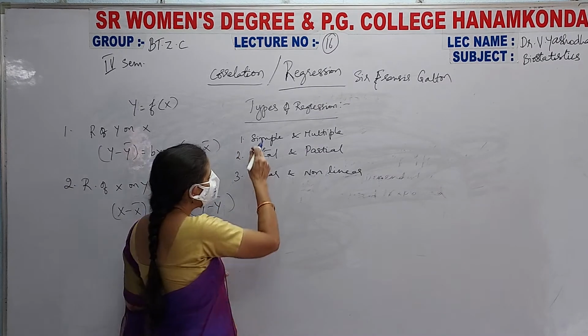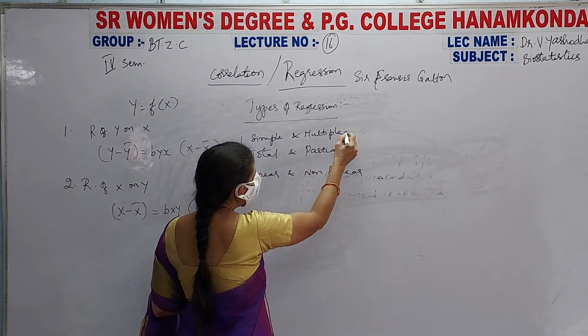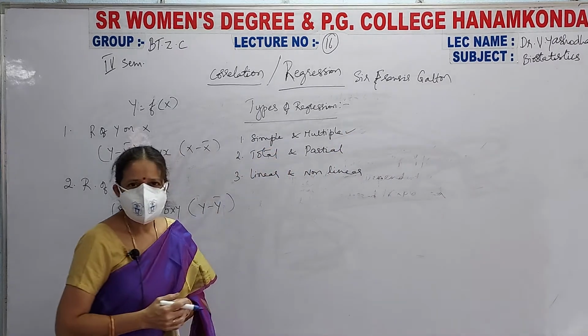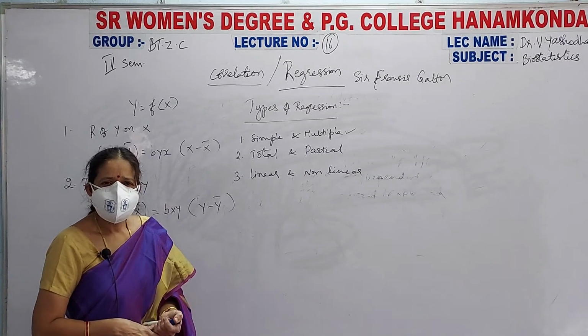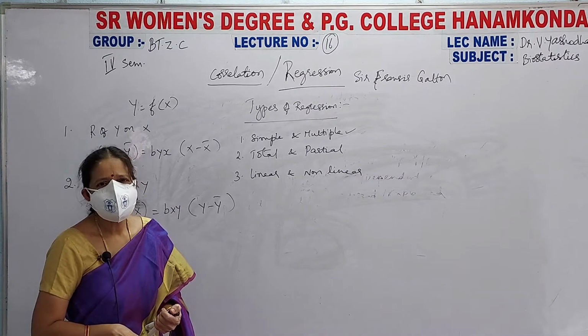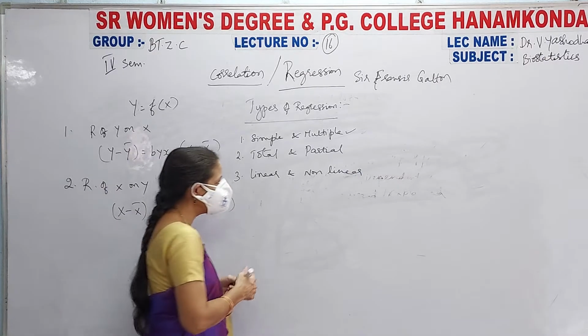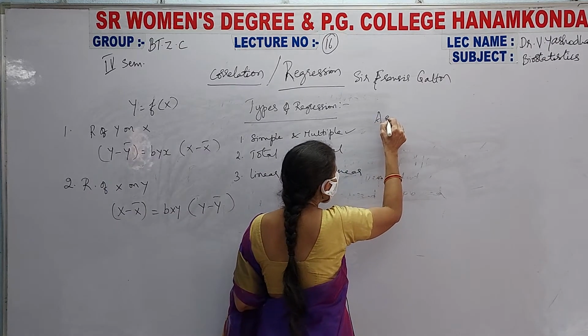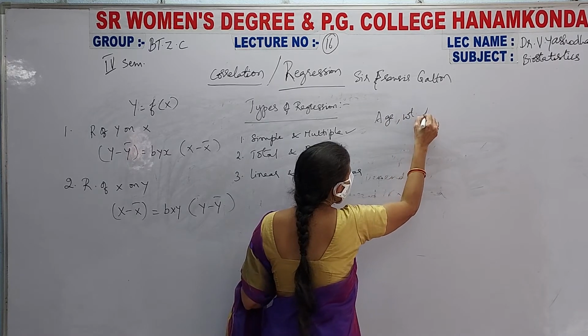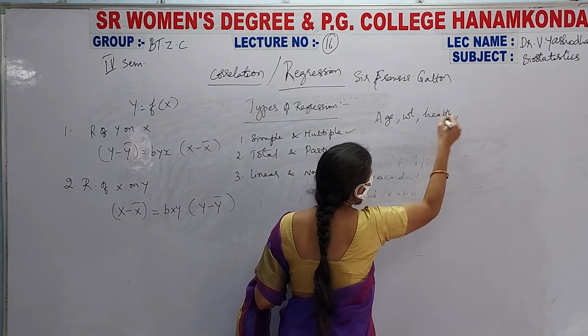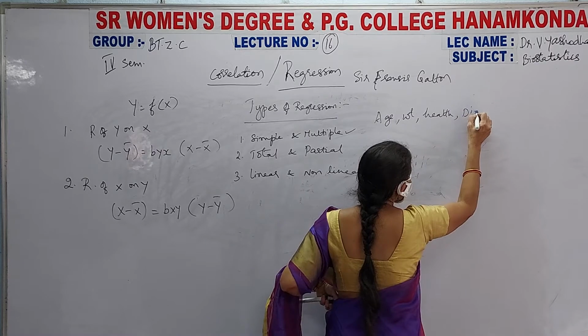Now coming to the simple, this one we will see. Simple regression is a type of regression in which at a time only two variables are considered. See here, suppose the same example, age, weight, health, and diet.